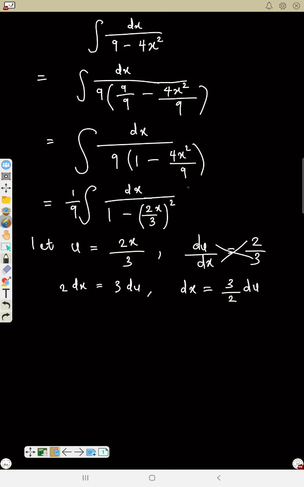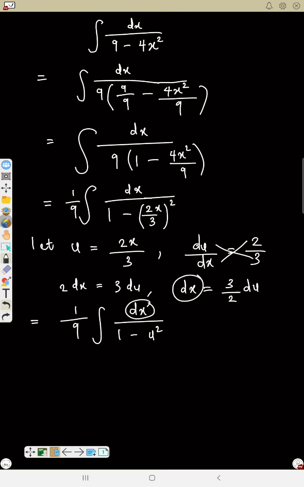So now if you go back to this question, this will become 1 over 9 integral of ds divided by 1 minus u squared. Why? Because we have represented everything here as u. So my question becomes ds. Now, how can I remove this ds?